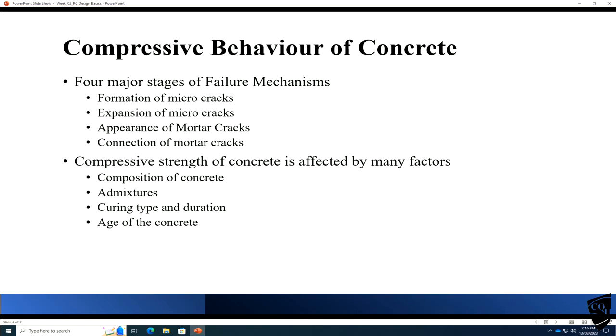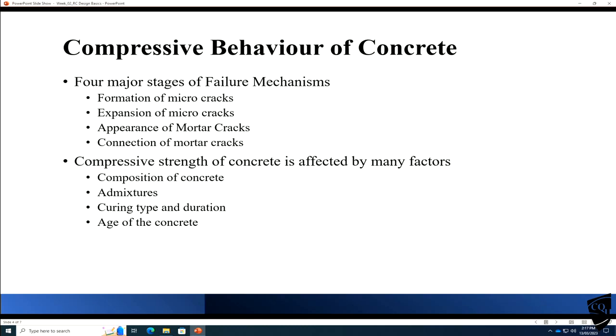So small visible cracks may not be a serious issue sometimes, but when those cracks connect one to the other, then that will cause further propagation of the cracks and failure of the member. So the failure mechanism develops in 4 stages.